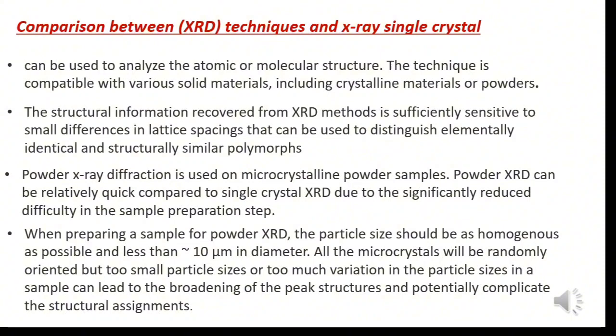All the microcrystals will be randomly oriented, but too small a particle size or too much variation in the particle size in a sample can lead to the broadening of the peak structures and potentially complicate the structural assignments.